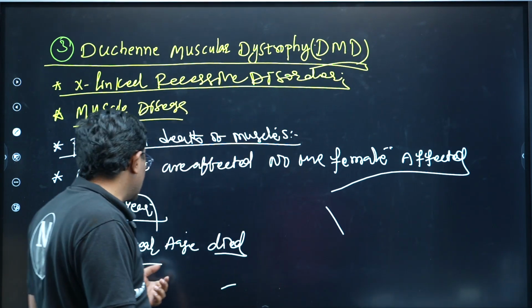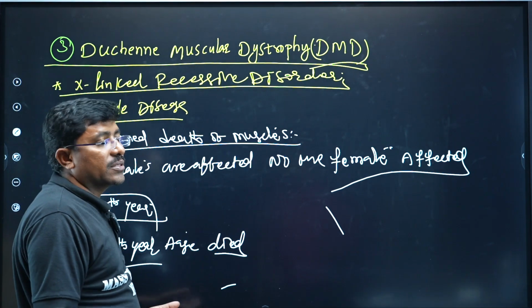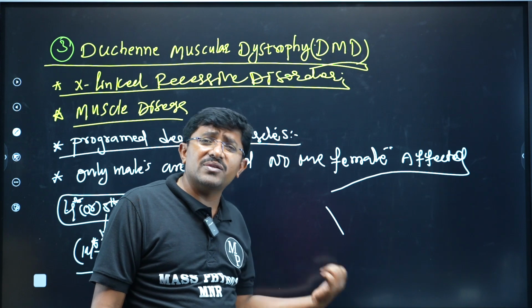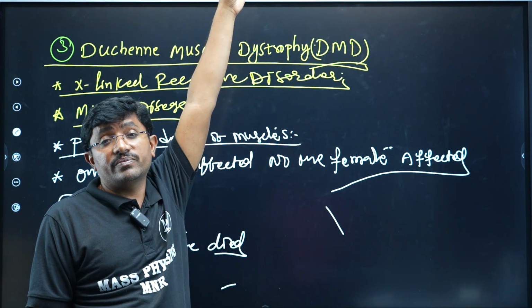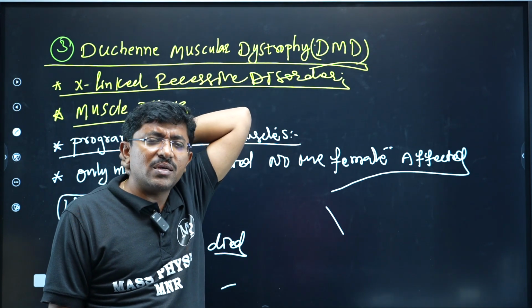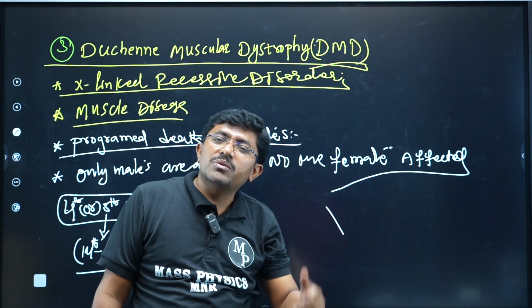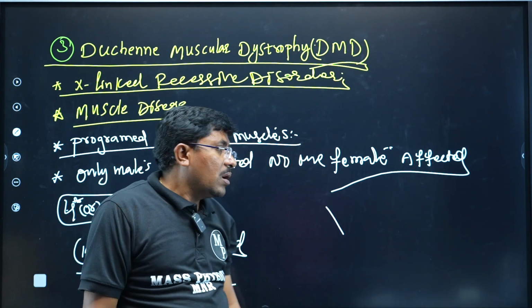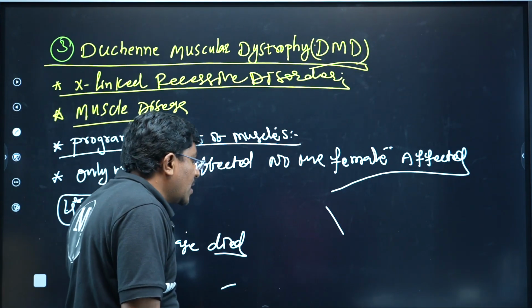Understood? So this disease and this trait cannot be transferred to females, but females are always present as carriers, once it arises by mutation and not from their parents, because no male parent survives up to marriageable age. So this is Duchenne muscular dystrophy.